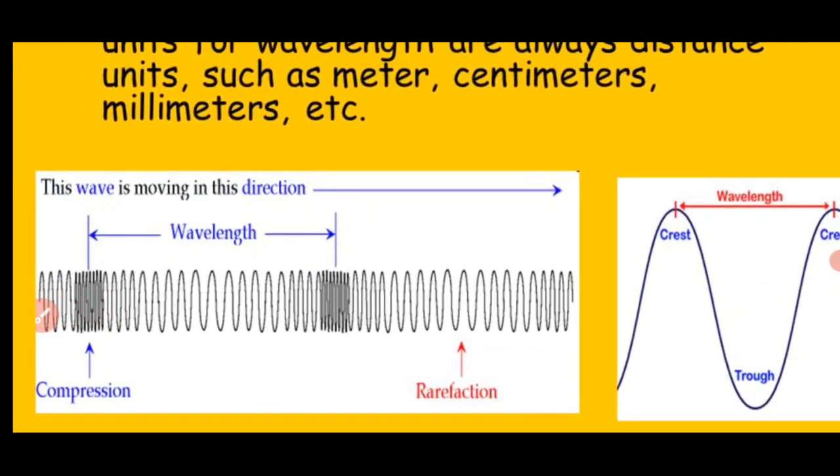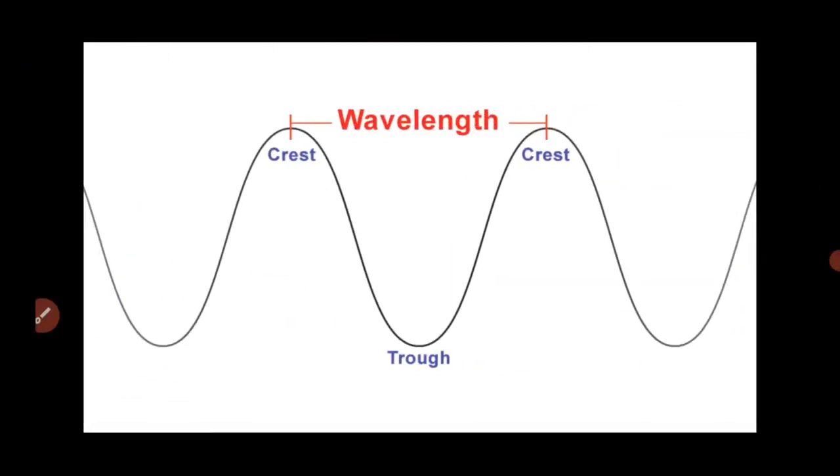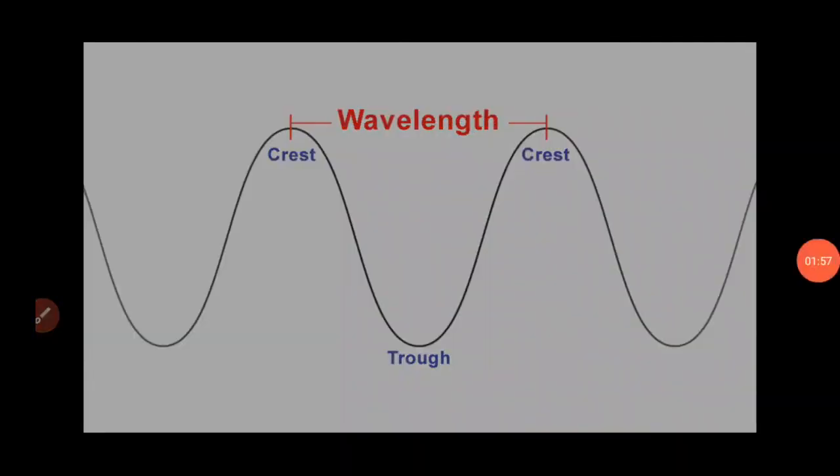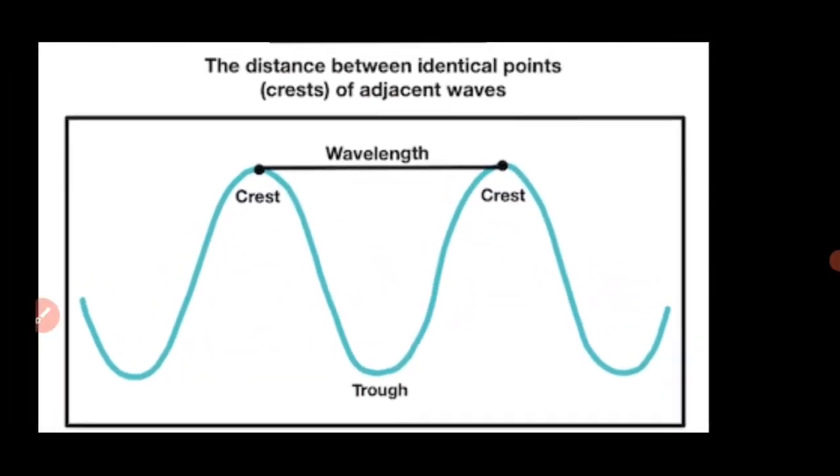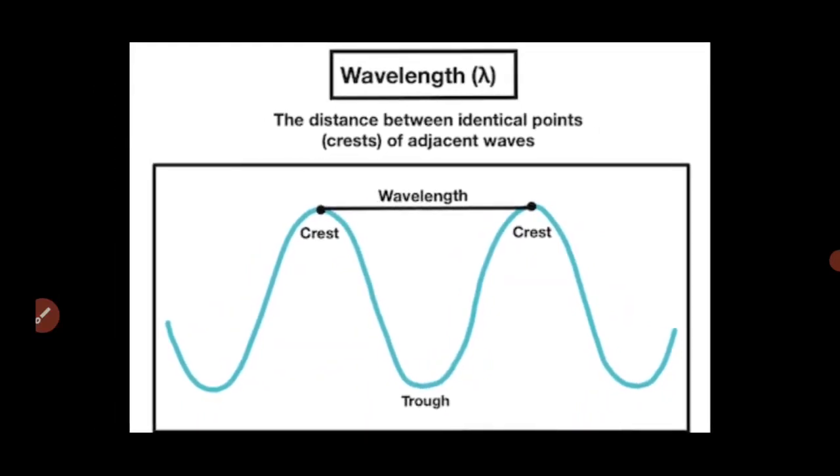See here, the dark portion is meant for compression. So the distance between two compressions or the distance between two crests is known as wavelength. Or simply, wavelength is the distance between identical points (crests) of adjacent waves.